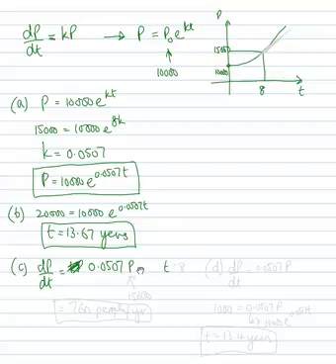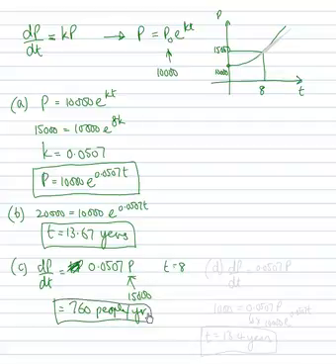So at t equals 8, we know what the population is because at t equals 8, P is equal to 15,000. We were told that. So that's easy, just multiply them together and you get roughly 760 people per year. So that's the rate of growth.